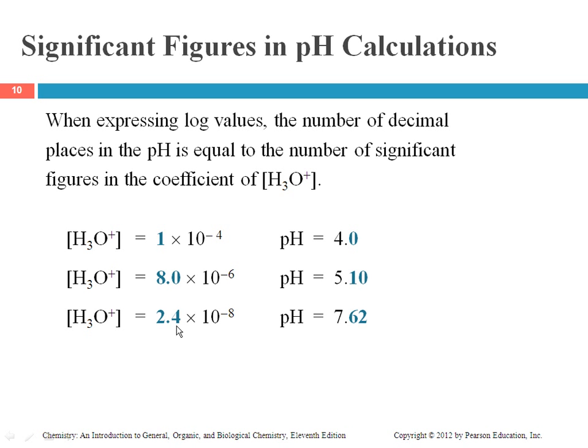We take the negative log of 2.4 times 10 to the negative 8, we get a pH of 7.62. You can check this on your calculator as well. You want to be sure you're getting the same answers. And if we round to 2 decimal places, we round up to 7.62.